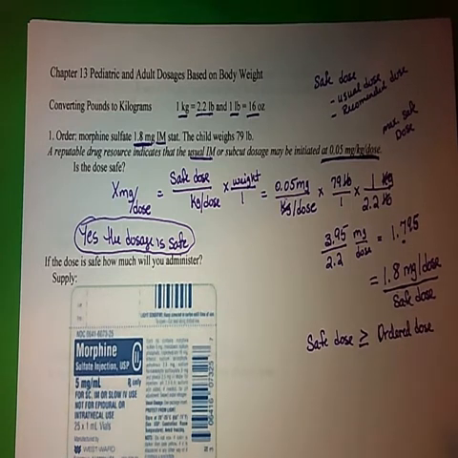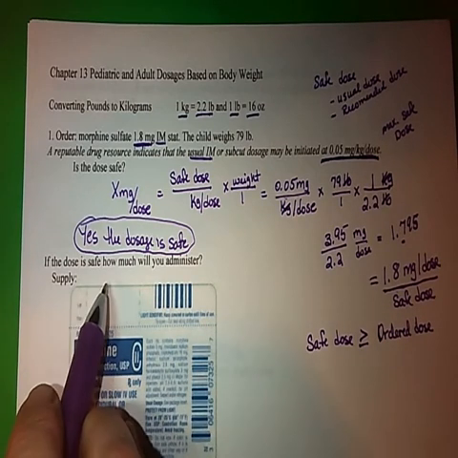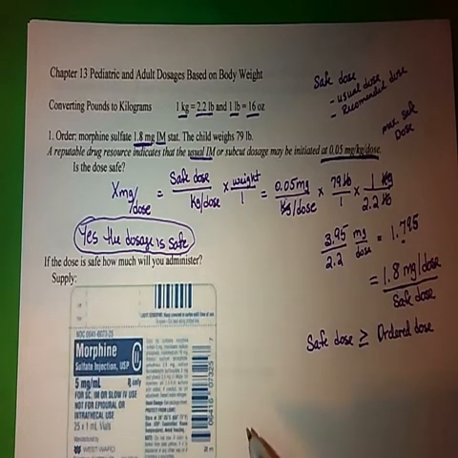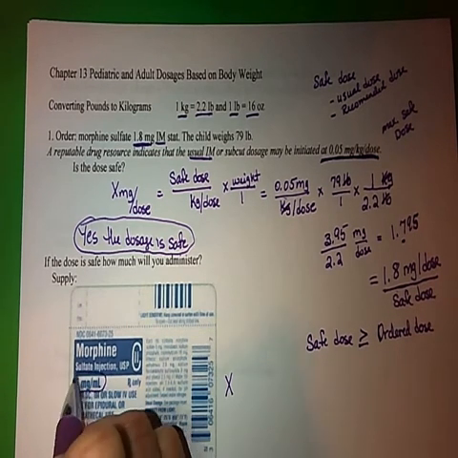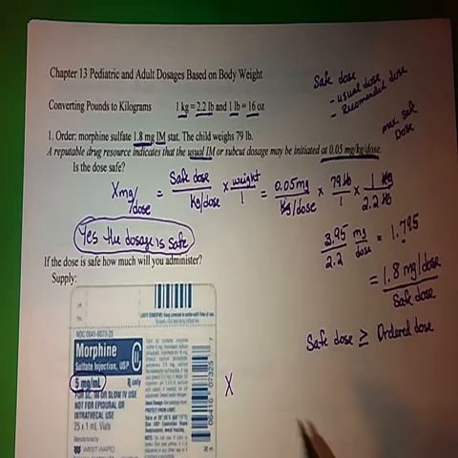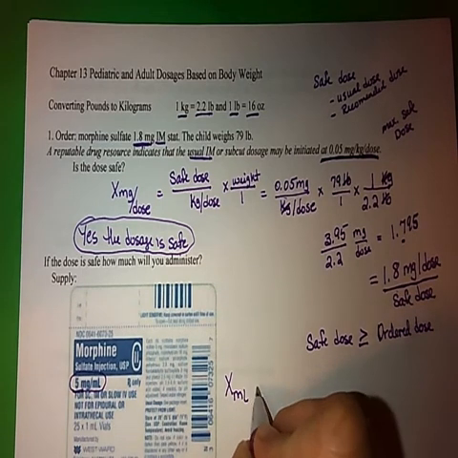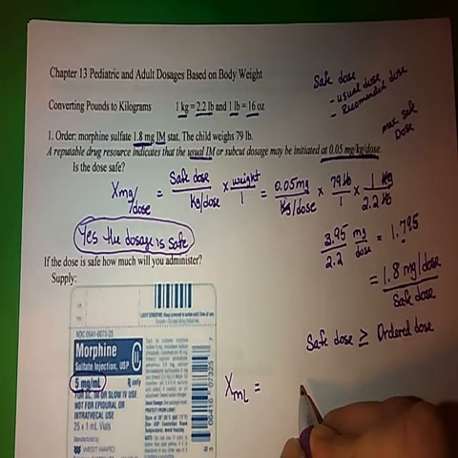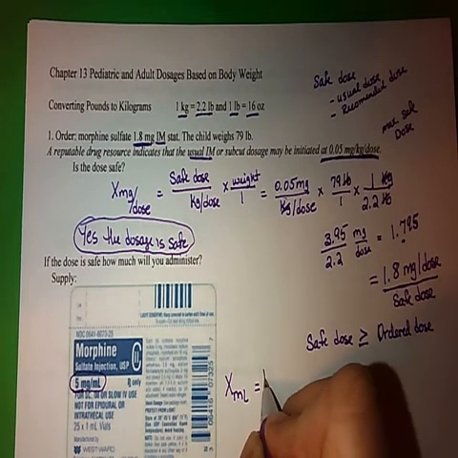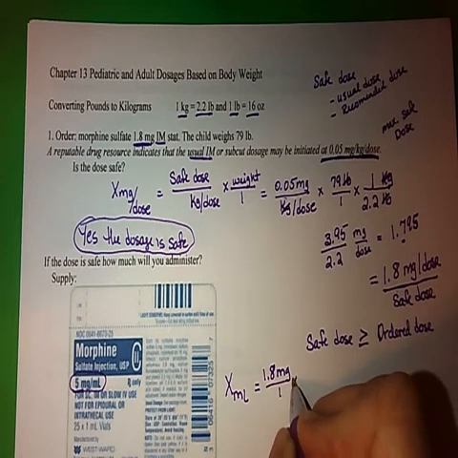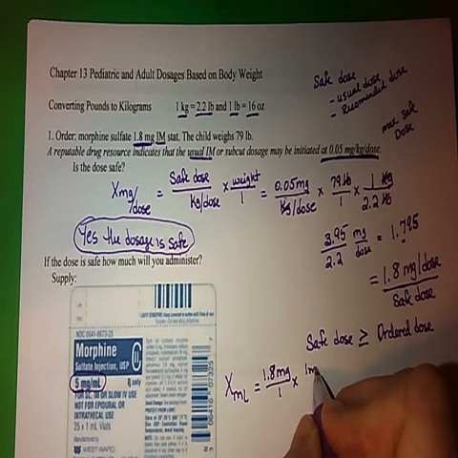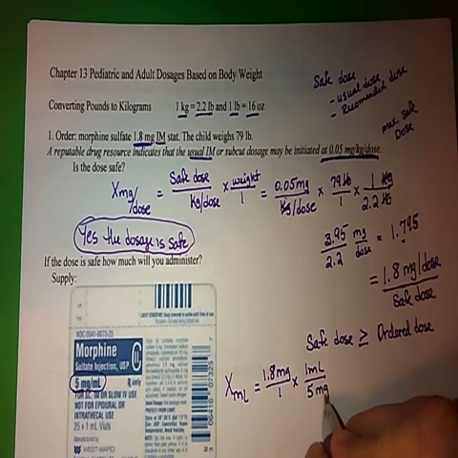Okay? So, if the dose is safe, how much will you administer? This is what we've been doing since chapter 10. Notice my supply is 5 milligrams per milliliter. So I'm looking for how many milliliters. I'm going to use my doctor's order, my desired, over 1 times my quantity, which is 1 milliliter, over what I have on hand, which is 5 milligrams.